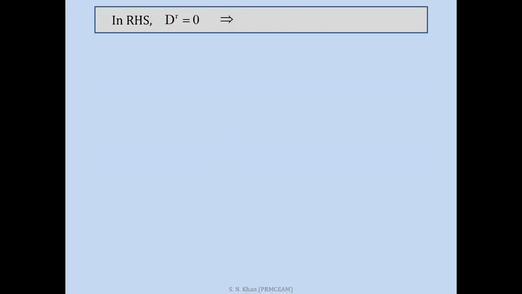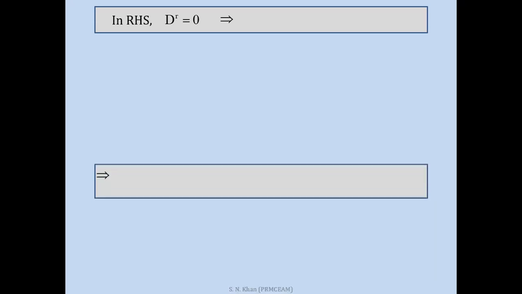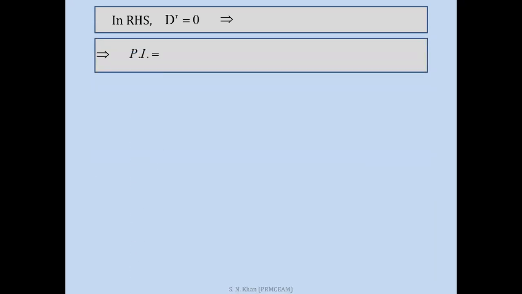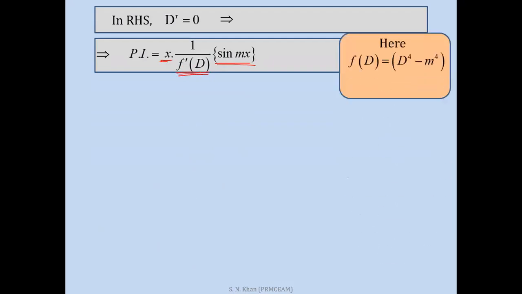That's why we have to multiply the right hand side by variable x and take the derivative of the operator. So pi will become, first we multiply by x, and after that we take the derivative of the operator. So in place of f of d, we now write f dash of d, and the function sin mx is as it is. No change in the function. Now we need the value of f dash of d. In this problem, f of d is d to the power 4 minus m to the power 4.